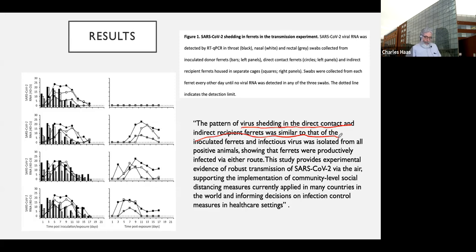The pattern of virus shedding in direct contact and indirect recipient ferrets, meaning those that inhaled the aerosols, were similar to those of inoculated ferrets, showing that the ferrets could be infected by either direct contact or by aerosol. And so the authors say that this very much supports the implementation of community-level social distancing in the context of the SARS-CoV-2 pandemic.